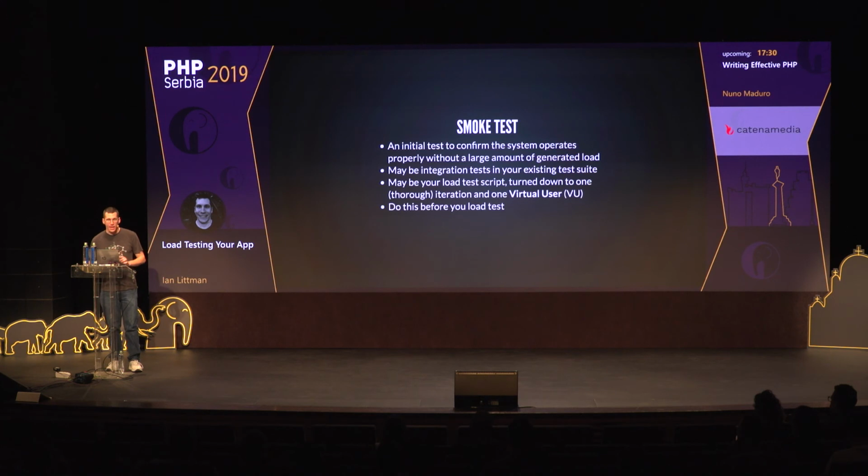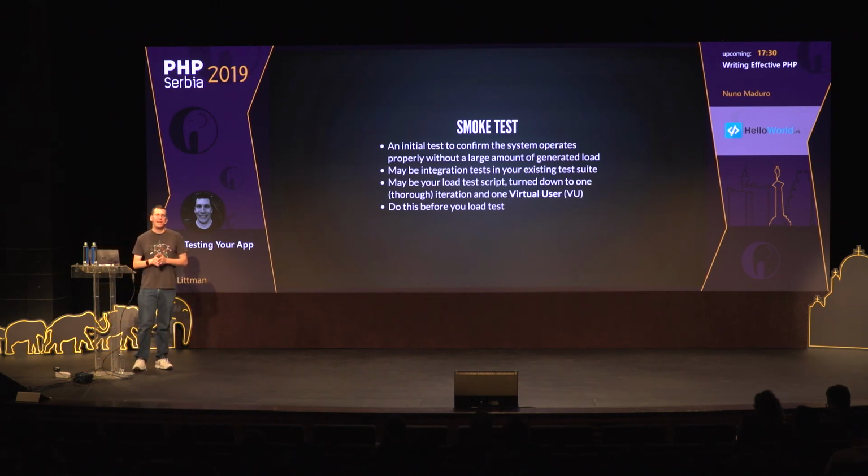So, one of these things is not like the others. A smoke test is merely a test to make sure that your application works well even at a single level of concurrency, a low level of load. Now, a smoke test may just consist of running your integration test suite once through and making sure that all parts of your application are exercised.